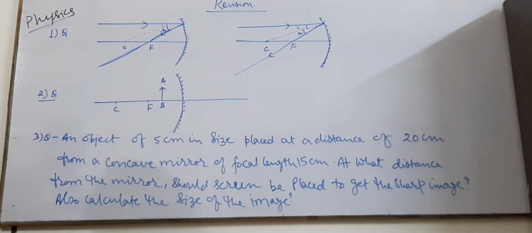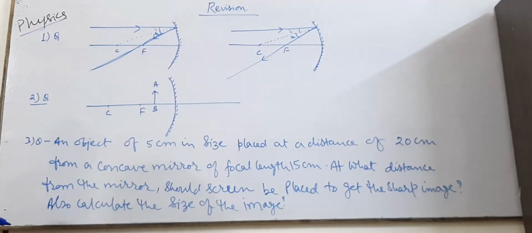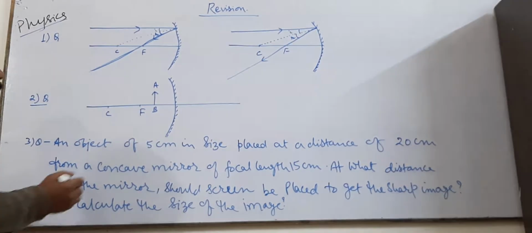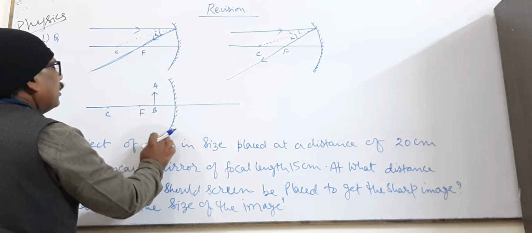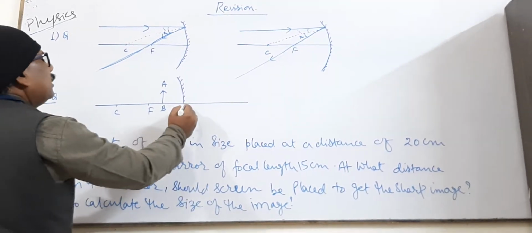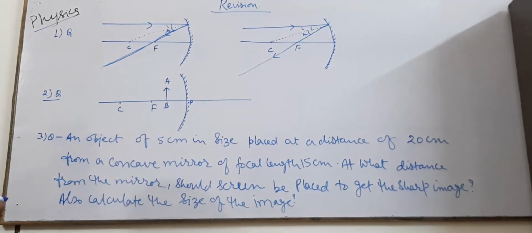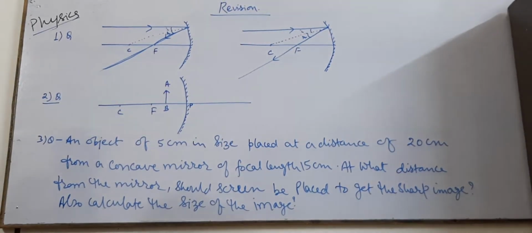Now you come to the second question. Here also the object is kept between focus and pole. This is the pole point of the mirror. And you have to complete this ray diagram.